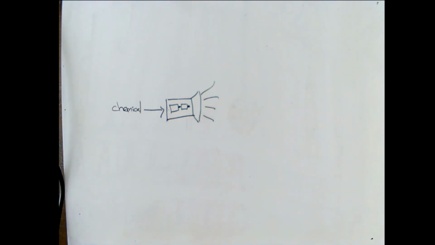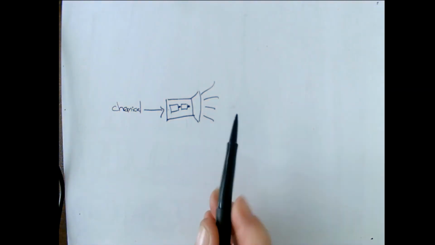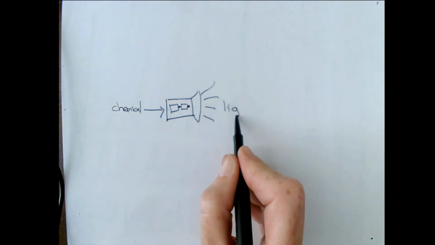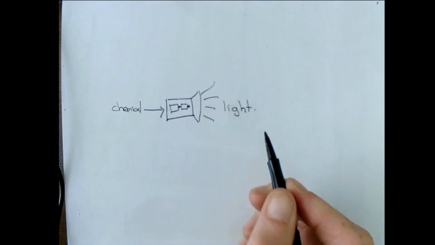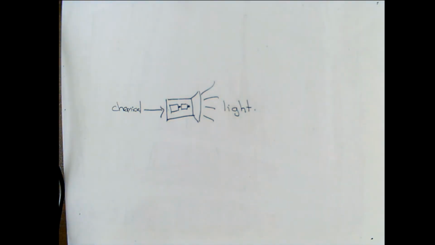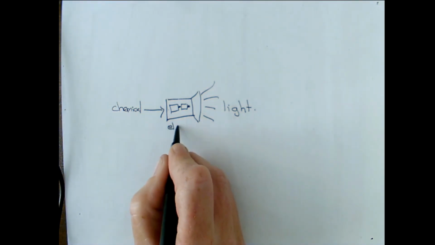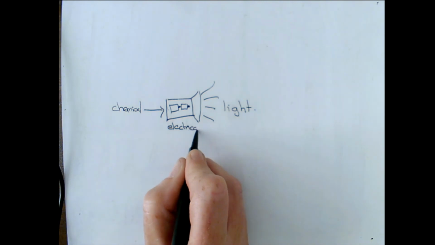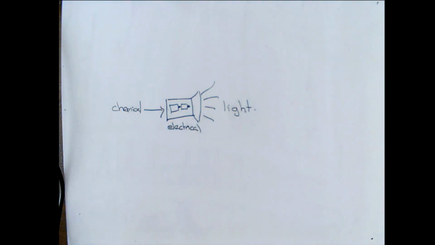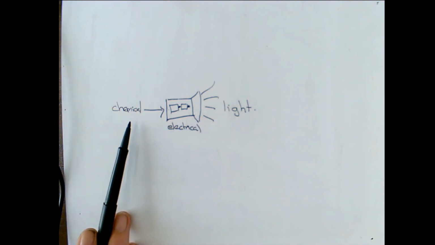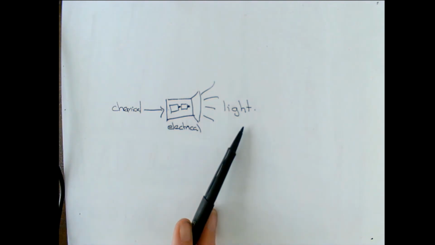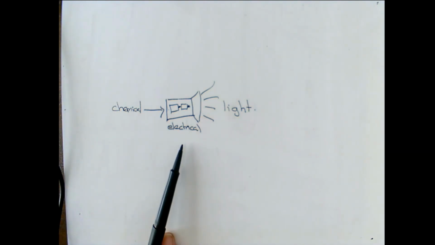And our output energy would be the light, and that's useful energy. Now, in between that, the chemical energy will go into an electrical circuit. And so we have chemical energy is transferred into light energy via electrical energy.